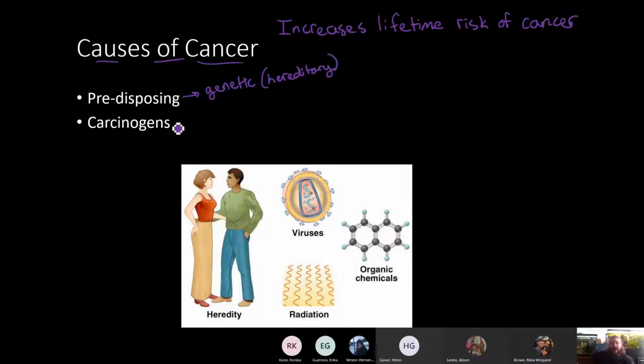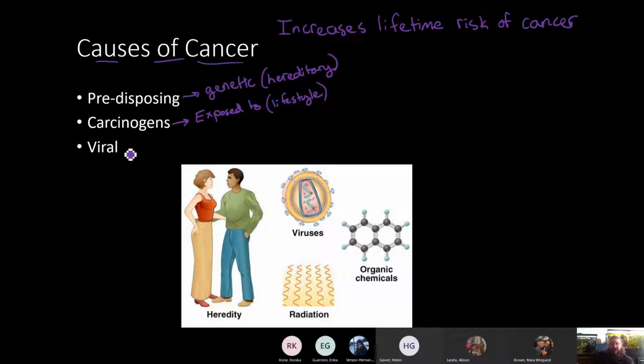Then there are carcinogens. So these are things that you can be exposed to. Often we might put these under the heading of lifestyle factors.